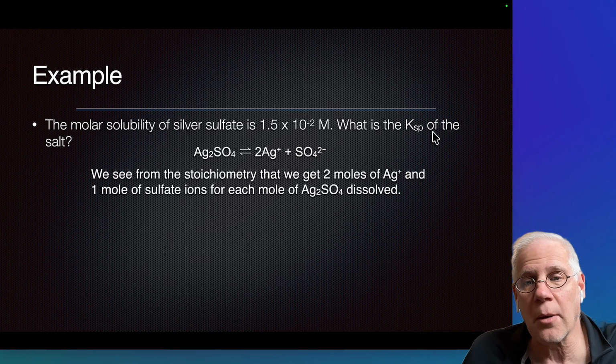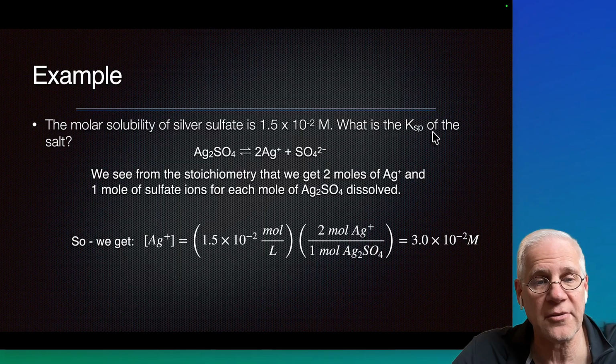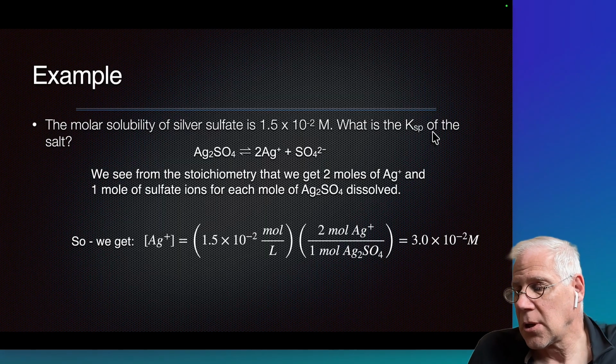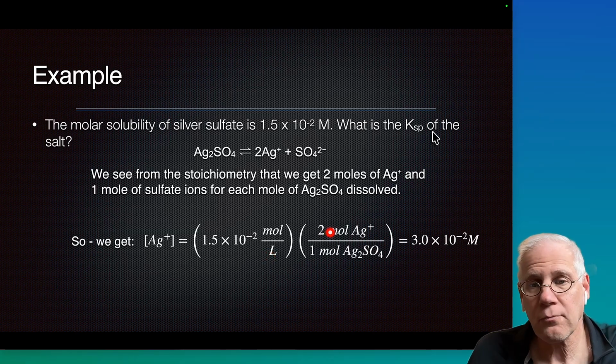So we see from the stoichiometry that we get 2 moles of silver and 1 mole of sulfate ion for each mole of silver sulfate dissolved. So in my saturated solution, my concentration of silver is going to be 1.5 times 10 to the minus 2 moles per liter for the molar solubility times 2 moles of silver plus over 1 mole of silver sulfate.